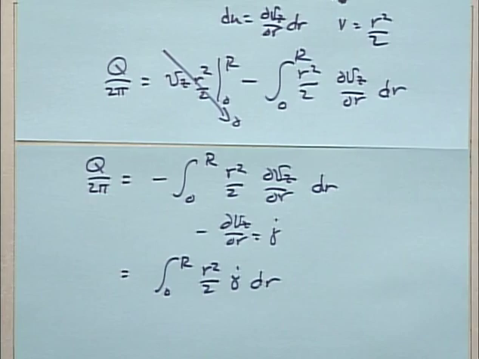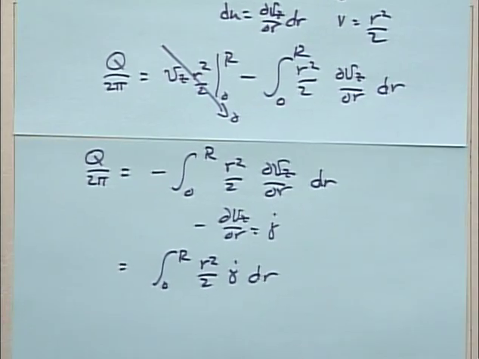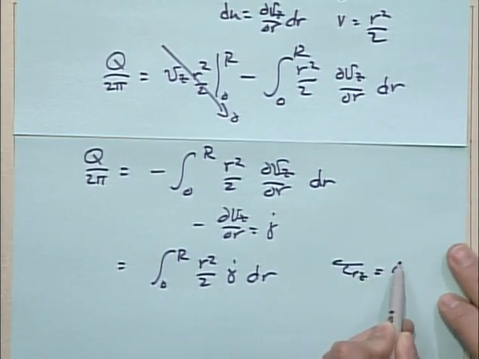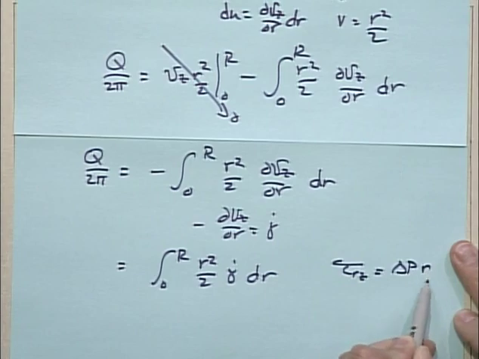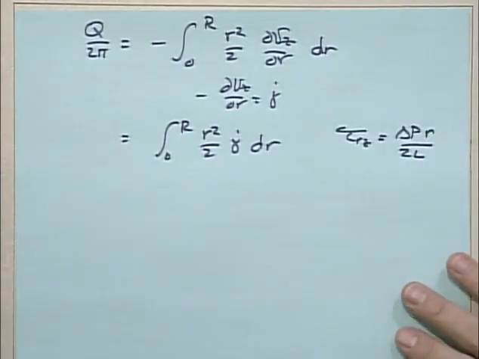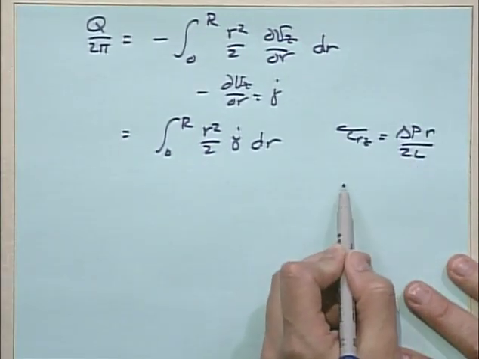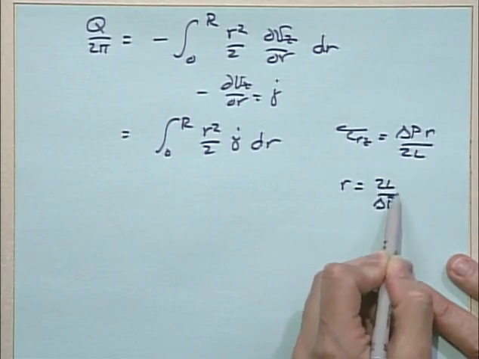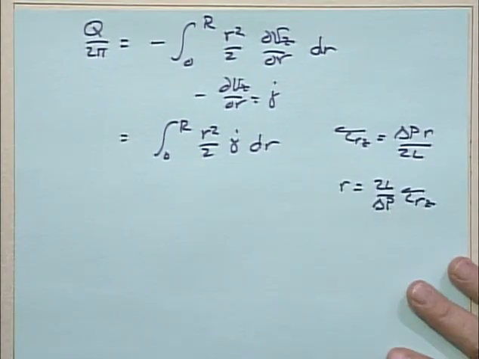And I'm going to go back to our result for stress to rewrite r in terms of stress. Tau rz is equal to delta P r over 2L. So I can say that r is equal to 2L over delta P times tau rz.